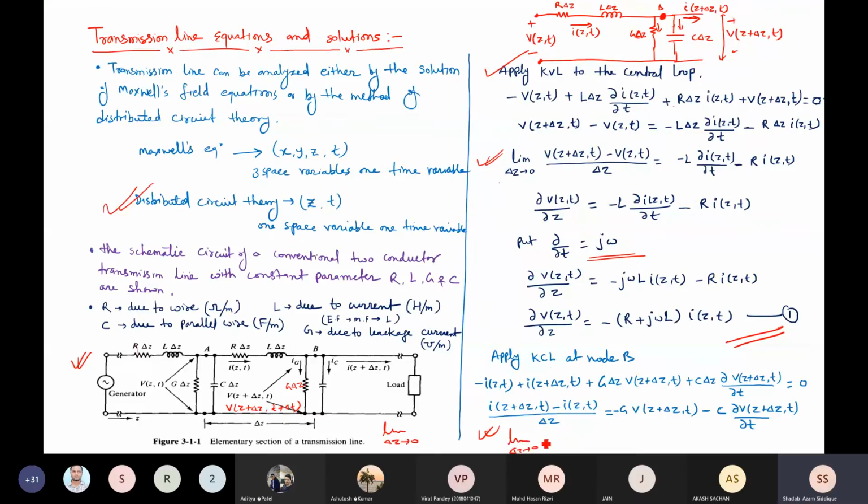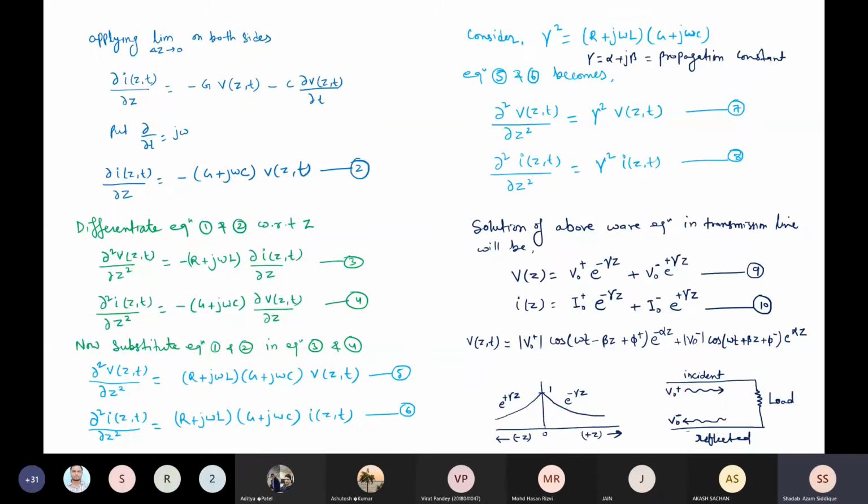This term will be as it is, and this can be written as minus G V(z, t), because delta Z is tending to 0 and the extra terms will be omitted. So this can be written as minus C del upon del t V(z, t). That's what is written here.